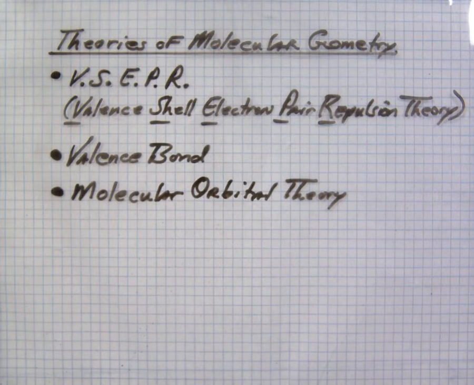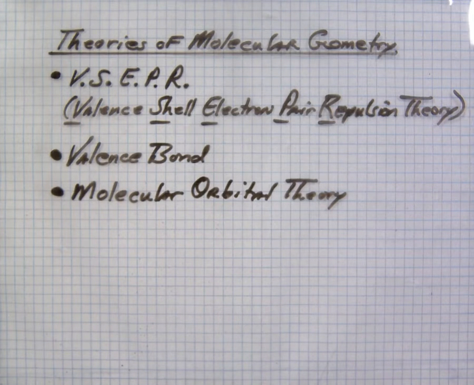We will not have time to go through that. If you do need molecular orbital theory, it's pretty straightforward in terms of how to use it. In many years in chemistry, I found that the VSEPR theory and the valence bond theory have been sufficient to meet any of the needs that I've had to deal with when it comes to molecular geometry.